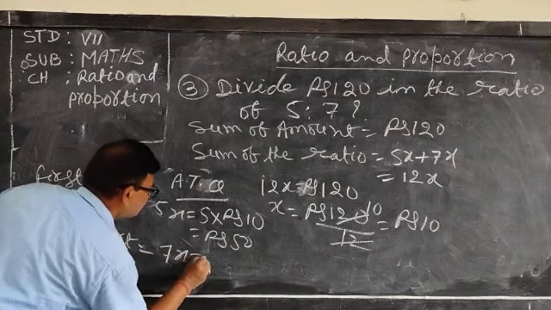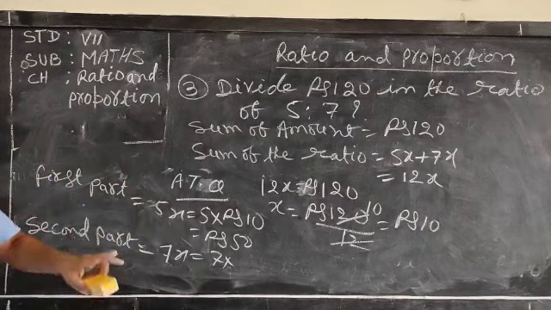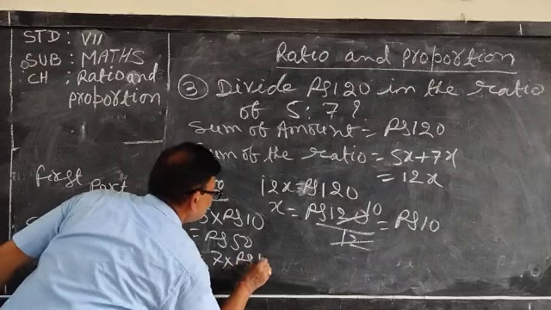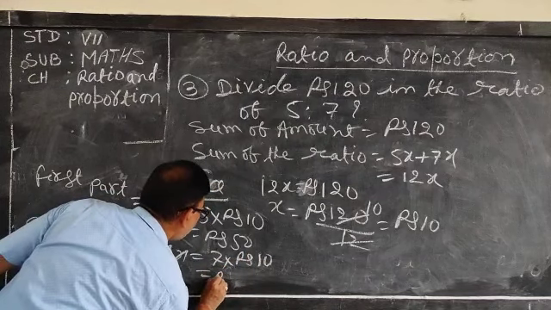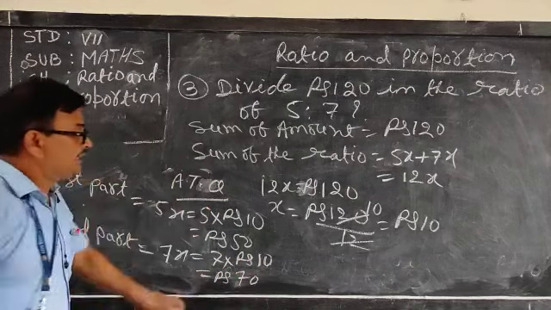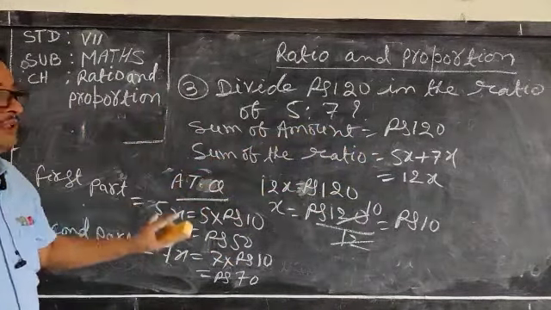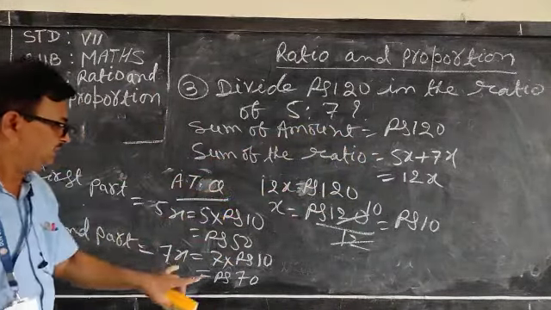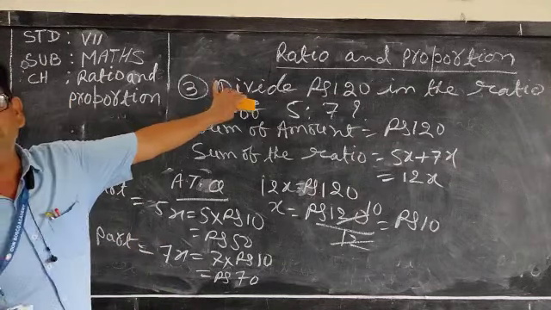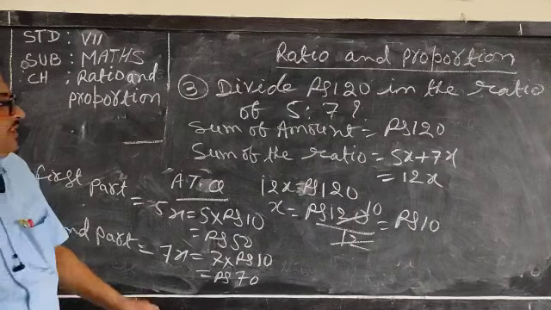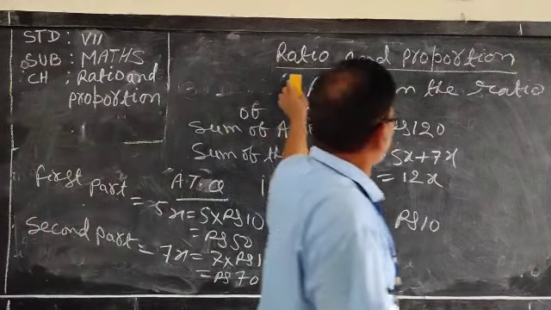So 7 into the value of x, 10 rupees, is equal to rupees 70. Add both parts, 70 plus 50. 120 is there. The answer is clear. Understood? Is it easy or difficult? Now you decide. Thank you. Now the next question.